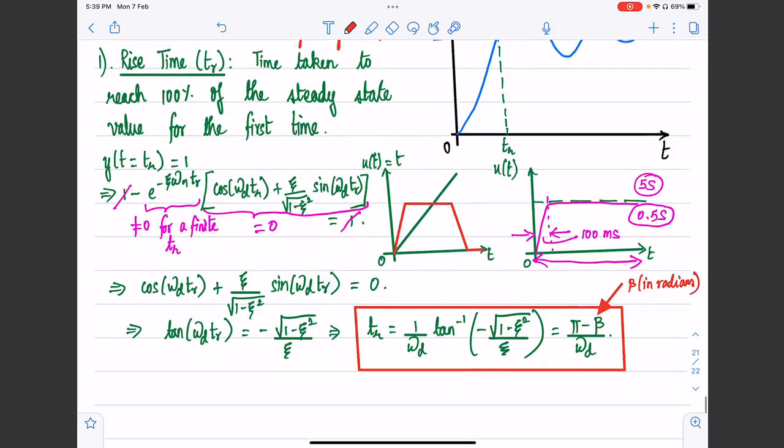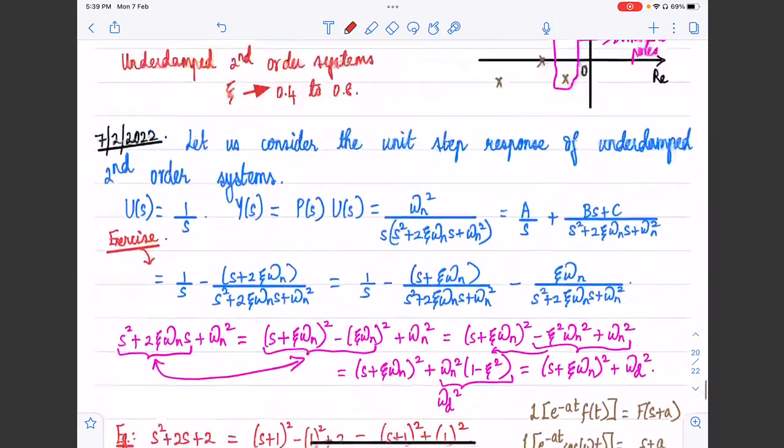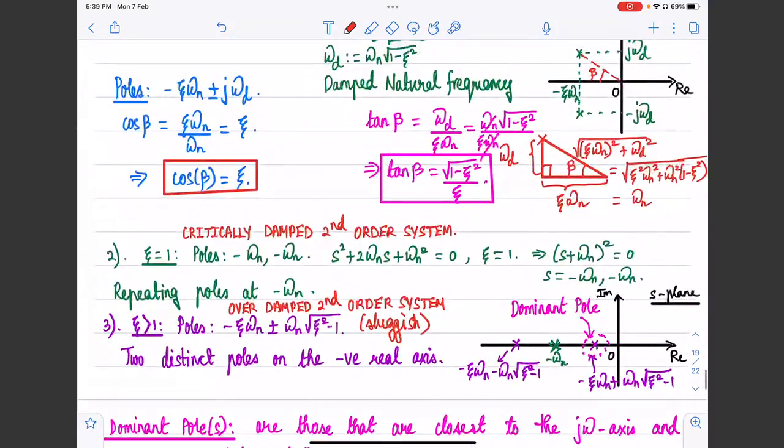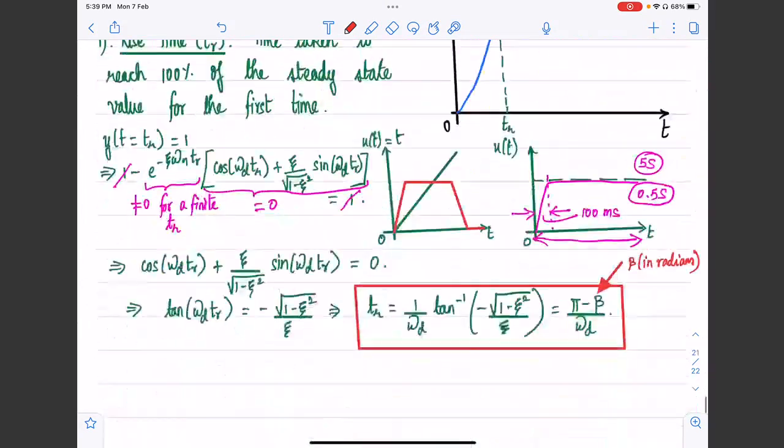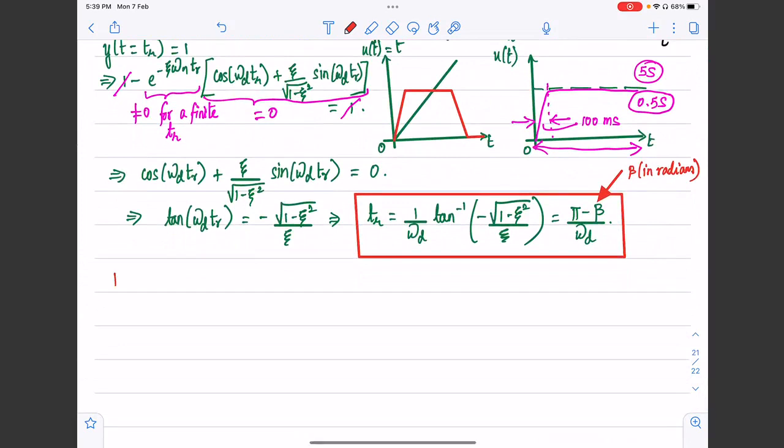Let's go up and see what we wrote down for tan beta. If you recall, tan beta was square root of 1 minus zeta squared by zeta. But then we had tan inverse of minus square root of 1 minus zeta squared by zeta. Let's write it down. Recall that beta was tan inverse of square root of 1 minus zeta squared by zeta.